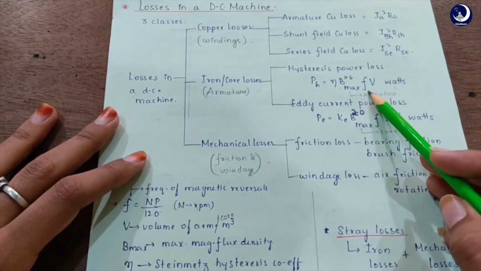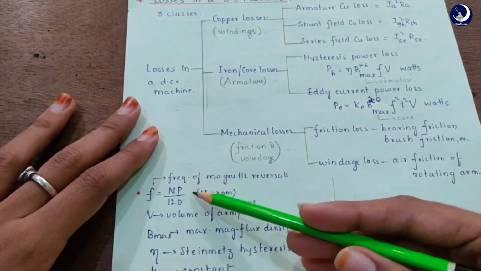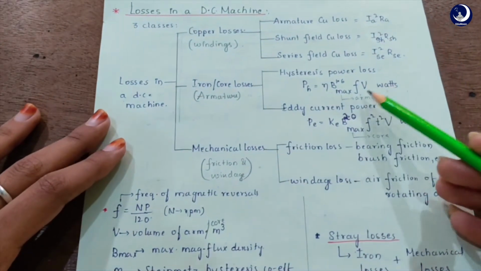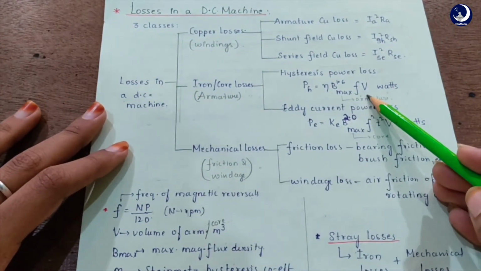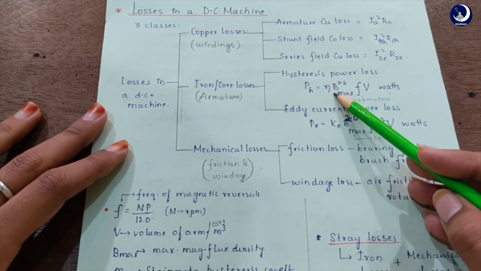Here f is the frequency of magnetic reversals, that is NP by 120, where N is given in RPM. V is the volume of armature in meter cube, and eta is the Steinmetz hysteresis coefficient.